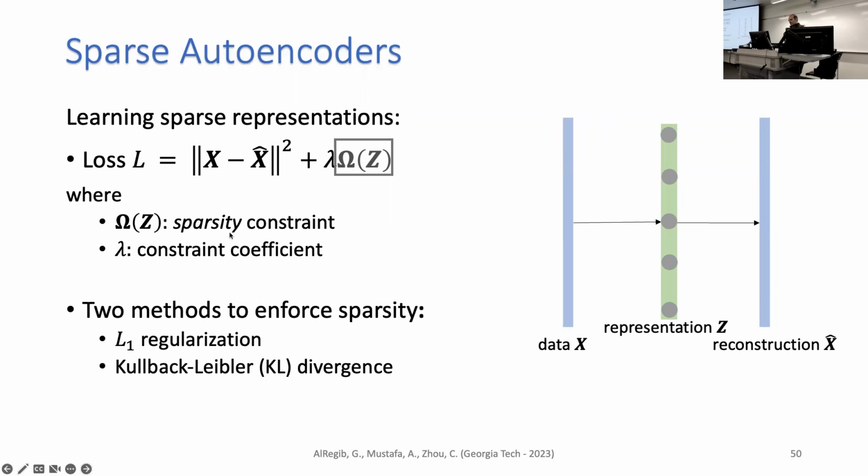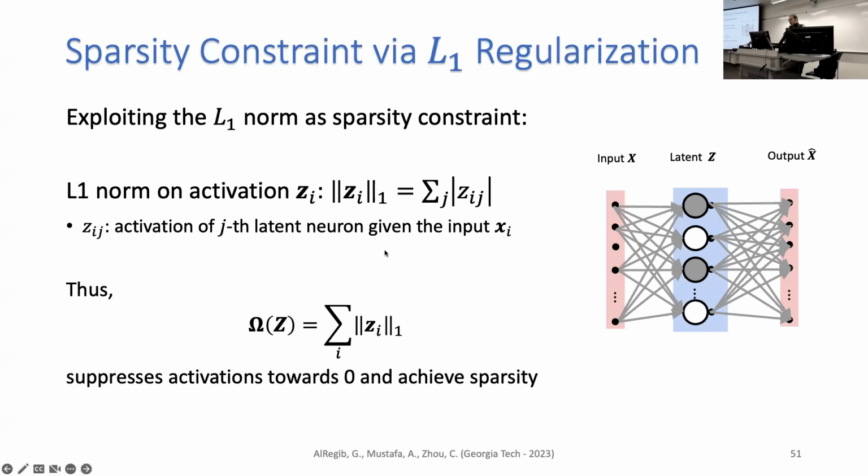So now there are 2 ways you can impose sparsity on the z. Remember, this operation gamma here is operating on the z, right? So you want to make the z sparse. So either you do the L1 or the KL divergence in here. The L1 is really simple. Basically, you look at the L1 norm, the sum over the jth latent neuron over all the zij's, basically for input xi.